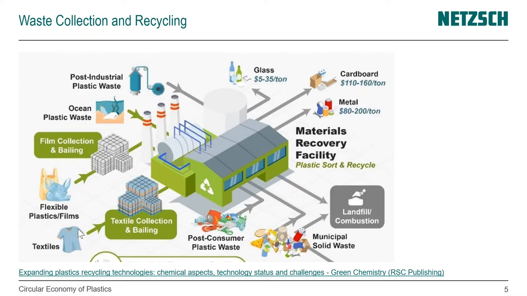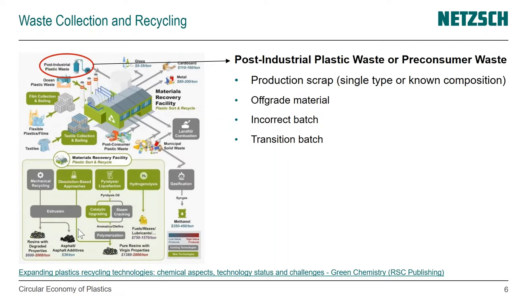And what I like about this graphic is really that it gives us an idea what value we can still put on what's coming out of an MRF. So when we now look at that, we have post-industrial plastic waste, or pre-consumer waste as it's very often called, which in the majority is production scrap.